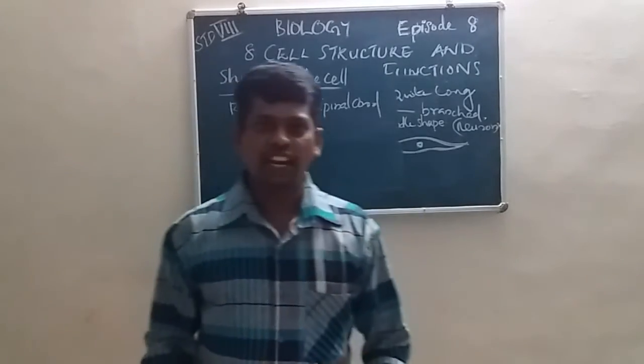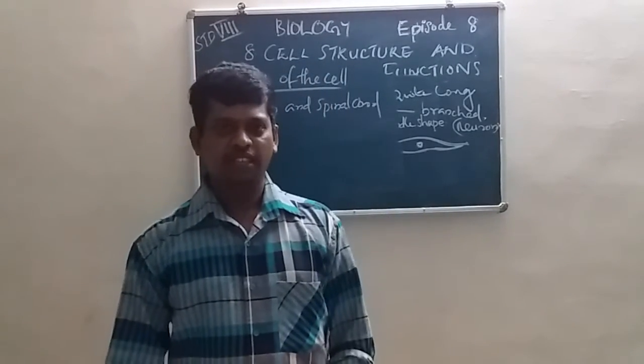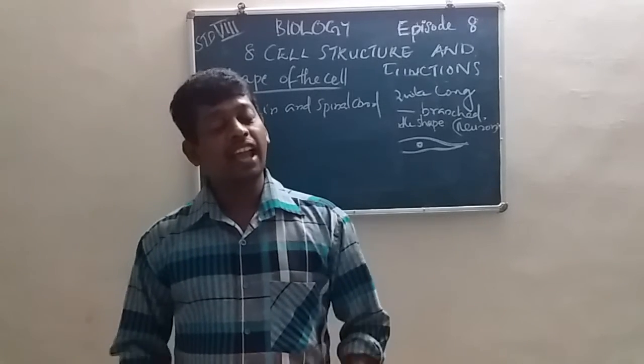The control and coordinating system consists mainly of the brain and spinal cord.